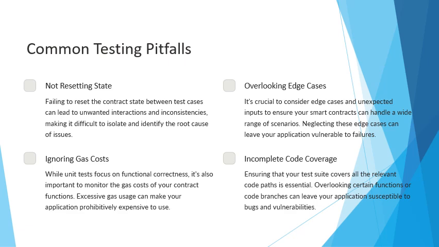Overlooking the edge cases: it is very crucial to consider all the edge cases and unexpected inputs to ensure your smart contracts can handle a wide range of scenarios. Ignoring the gas costs: while unit tests focus on functional correctness, it's also important to monitor the gas costs of your contract functions. Excessive gas usage can make your application prohibitively expensive to use.